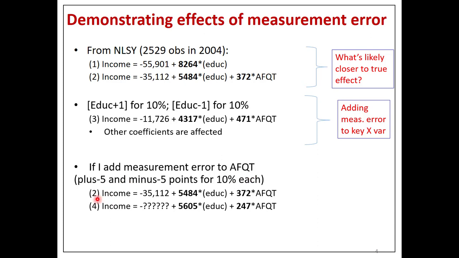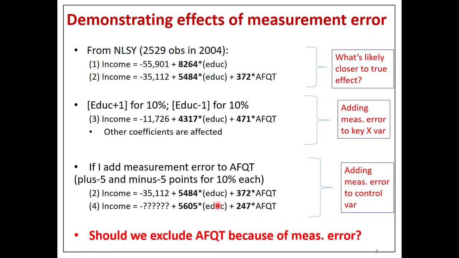And so here I'm just bringing down equation 2, where I included years of schooling and AFQT score. Okay, and then when I add that measurement error to the AFQT score, then the estimate goes down to 247 for AFQT. The coefficient then goes slightly up for years of schooling. Okay, so that added measurement error to the control variable.